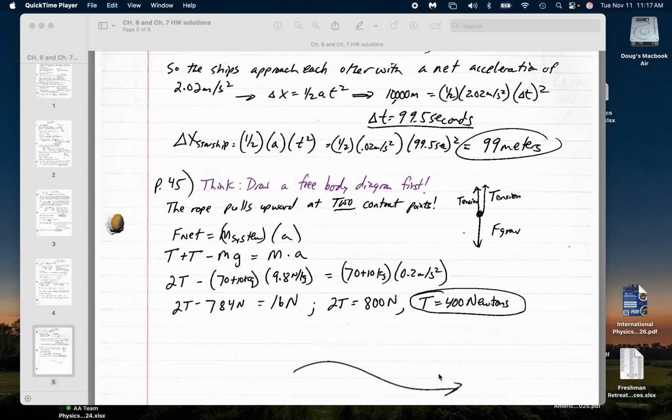So I get around 400 newtons of tension in each rope, 800 total newtons. Or pardon me, not net force upwards. Net force upwards of 16 newtons. Again, if you used g equal to 10 meters per second squared, or 10 newtons per kilogram, your answer would be slightly different.